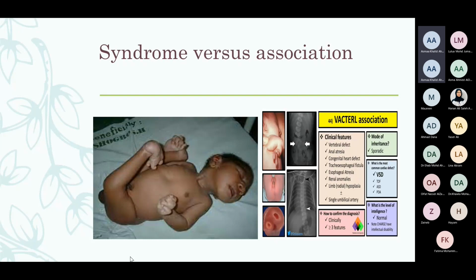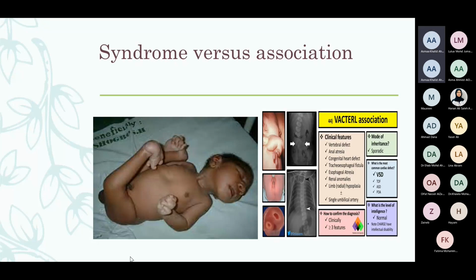Sometimes it might have a genetic basis, something like CHARGE, but not all CHARGE syndrome or sequence have a genetic basis. Sometimes they have a CHD7 mutation.